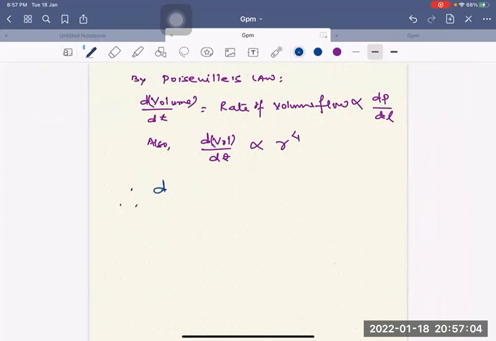Therefore the d volume flow upon time dt is equal to some constant, and that constant is equal to pi by 8. और यहाँ पे inversely proportional to the coefficient of viscosity होंगे, not directly.